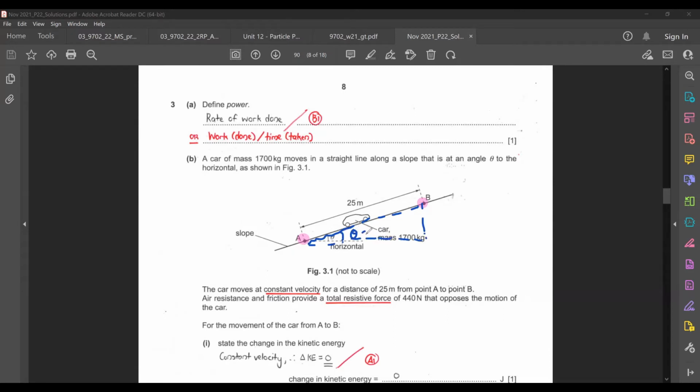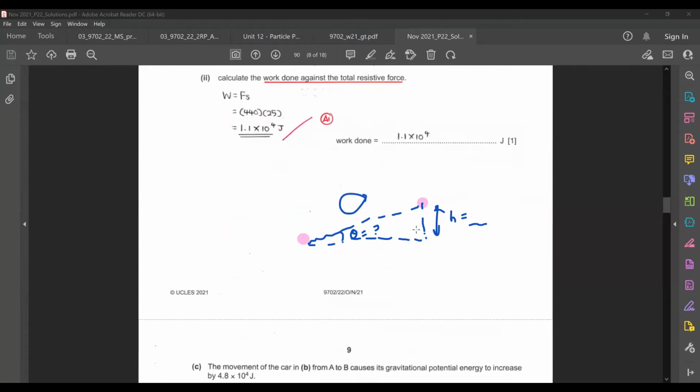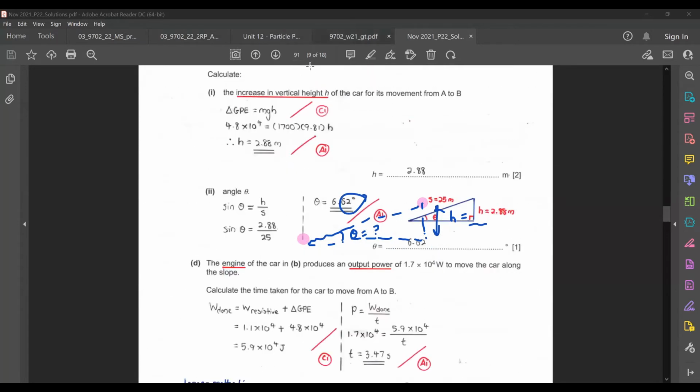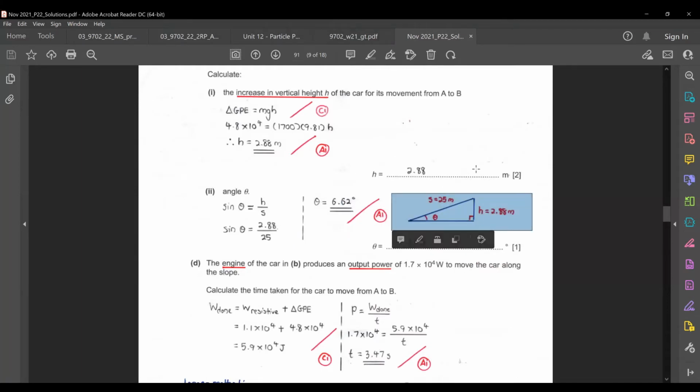This is the angle theta that you want to find. Right now, you already found out the height and the diagonal length, so you can actually use Pythagoras theorem. This is the diagram that represents the right angle triangle that you ought to have.